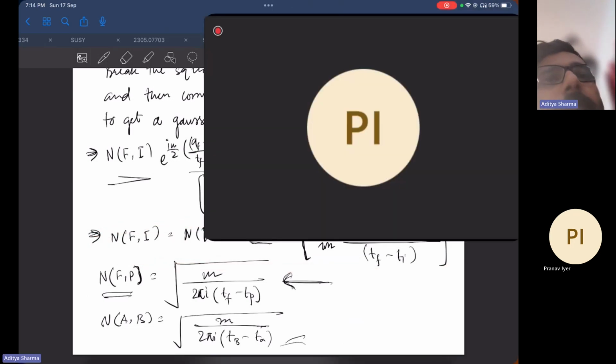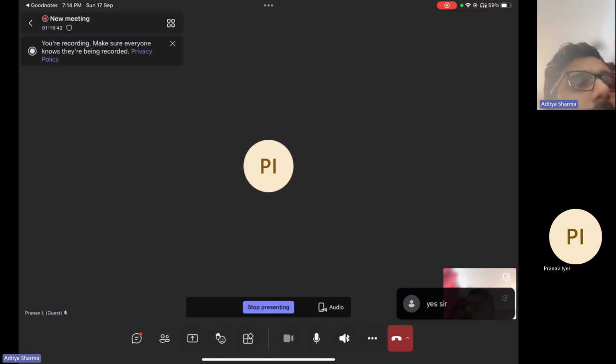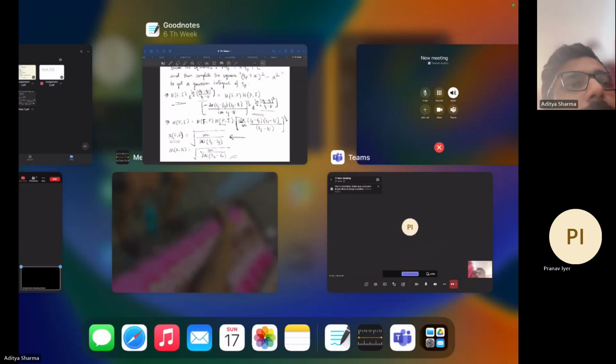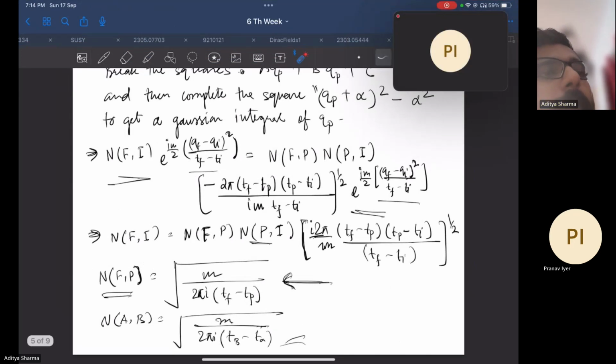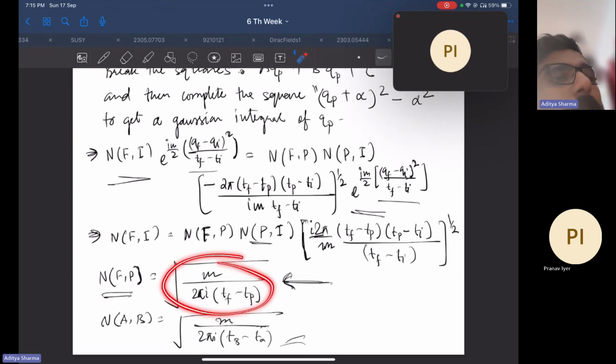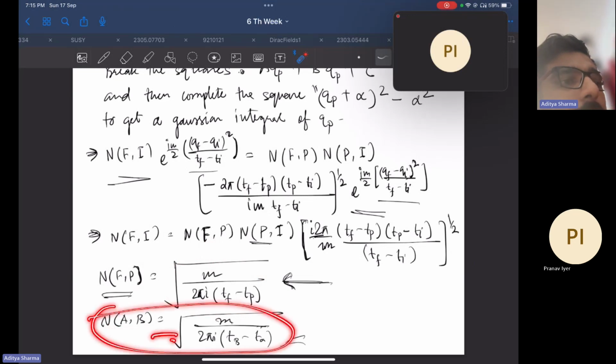All right, clear till here? Or any doubts? Clear? Okay. Now, you choose NFP as this thing. You put it in this part, and NAB, like this is the general thing which I have written.